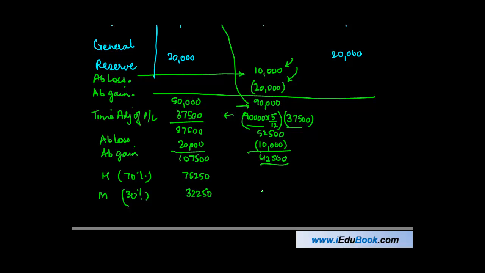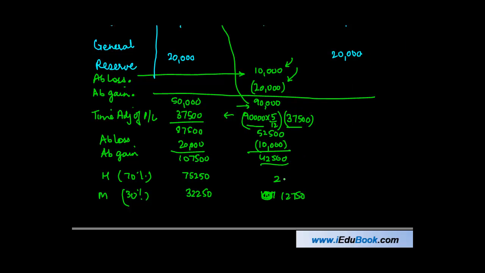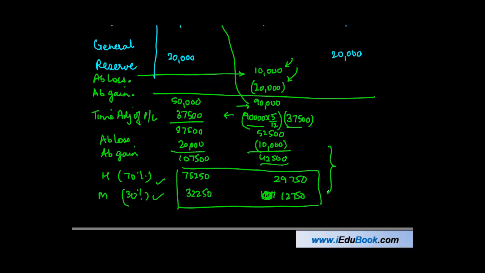Similarly, for 42,500, you will get 12,750 here. Let's see this: 42,500 into 0.3 is 12,750, and 42,500 minus this gives 29,750. So we have allocated the profits between pre and post, and between the minority and the holding, in this particular question.